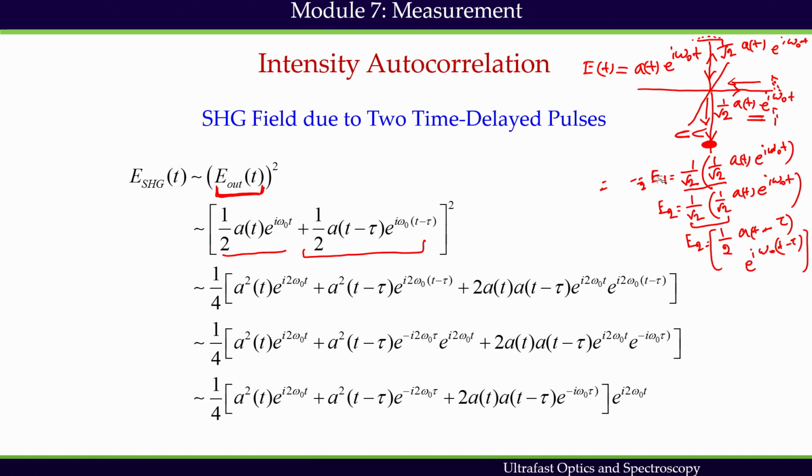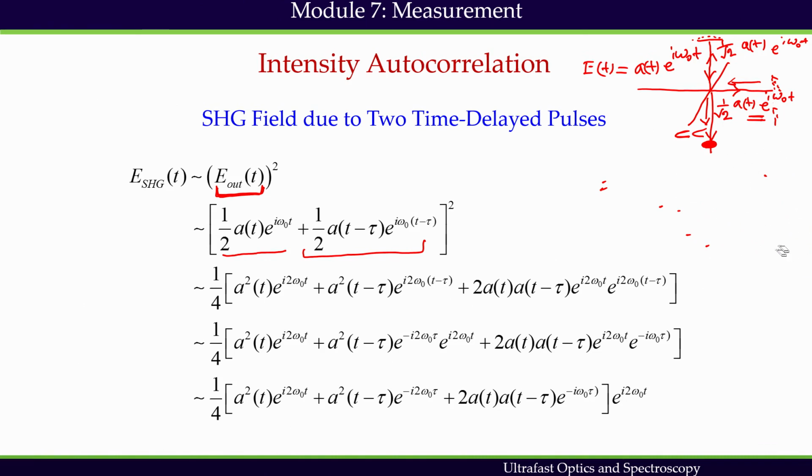We have an SHG crystal placed, and SHG occurs because of the second order polarization, which means the term responsible for SHG. Then the SHG field is going to be nothing but E out square, and that is why we have to take the square of this whole term.